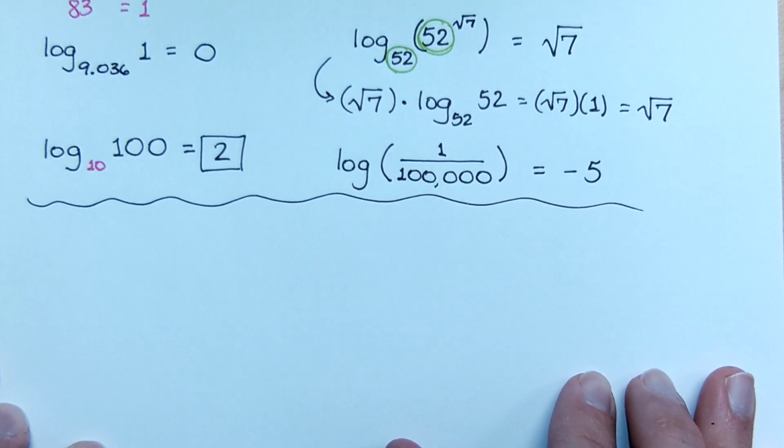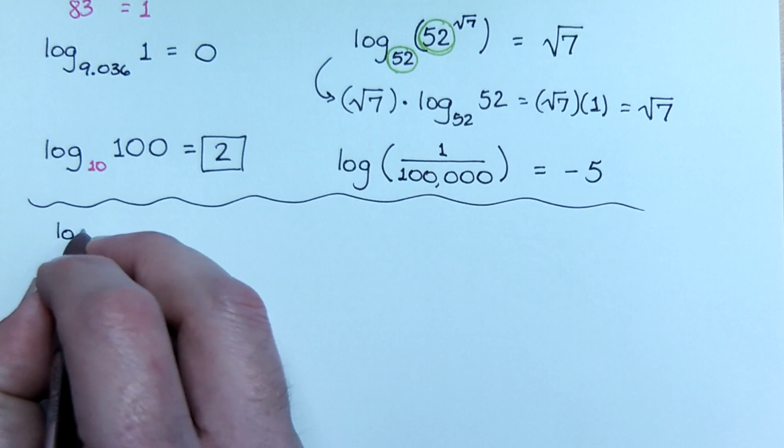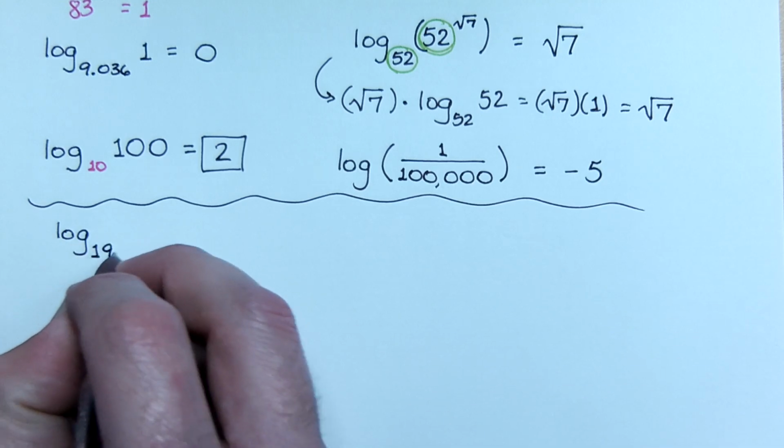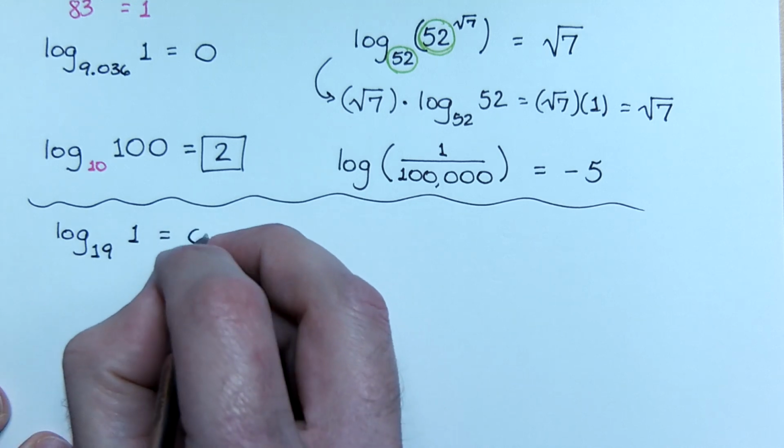All right, let's see if we can fill out this page here. Log base 19 of 1 is what? Still 0, right?